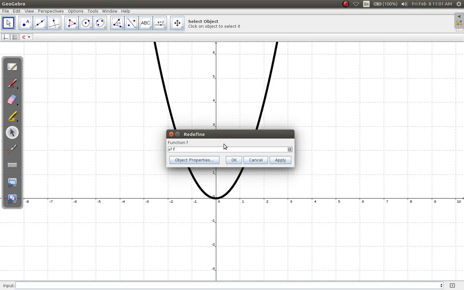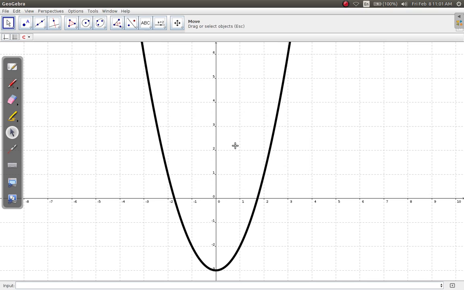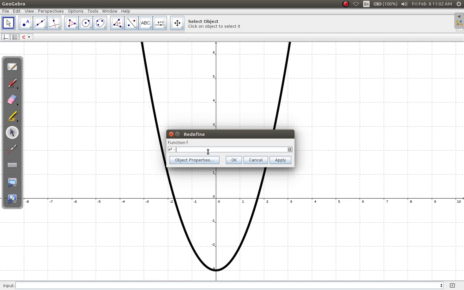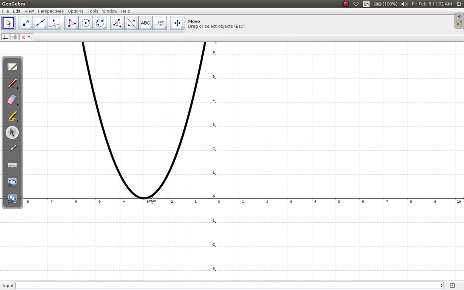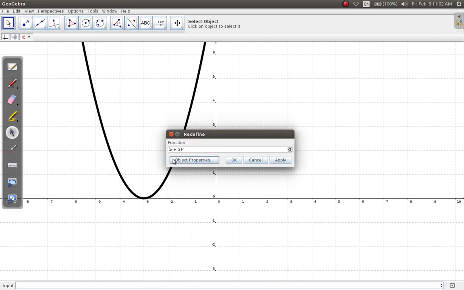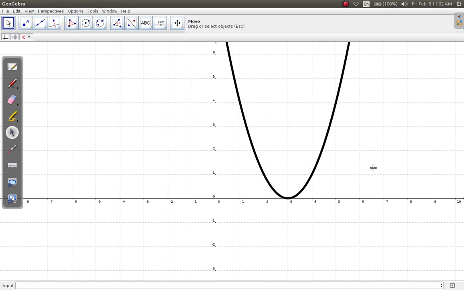When I say x squared minus 3, it moves down 3 places. When I put the 3 within the square, positive 3 moves it to the left. Negative 3 moves it to the right. So in this case, x plus 3 in brackets, the graph would have moved to the left. And when I change the plus to minus, it moves to the right. Alright?